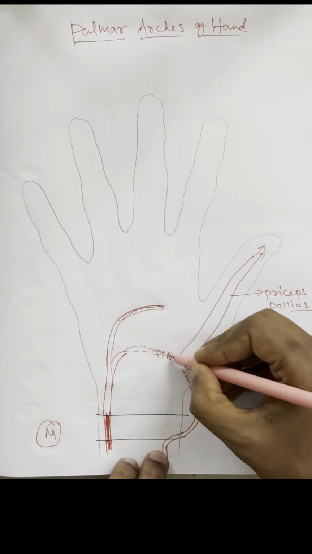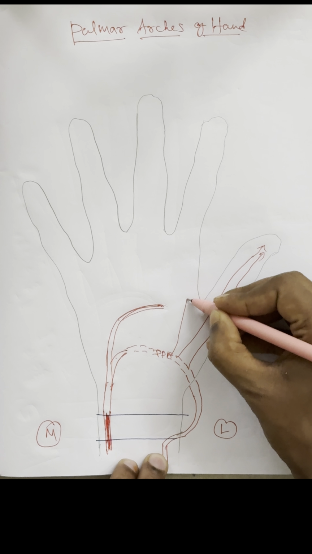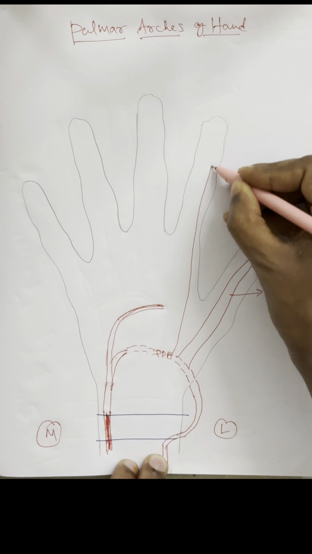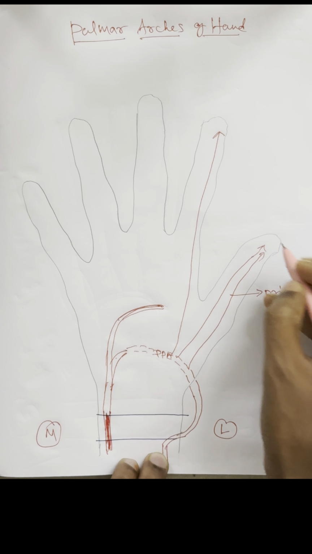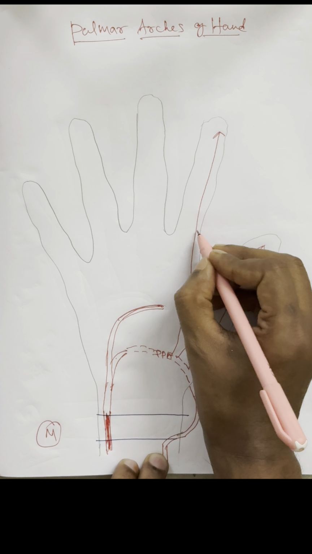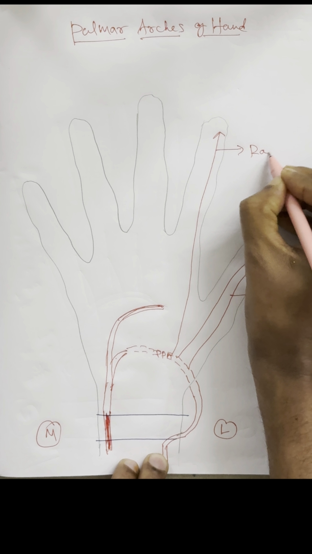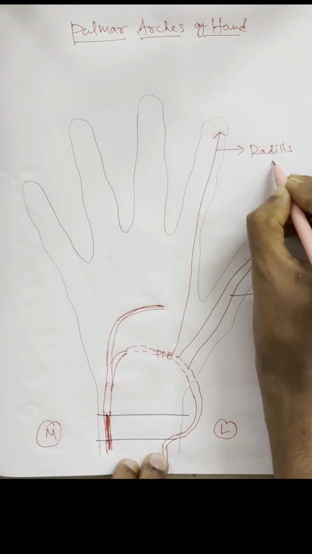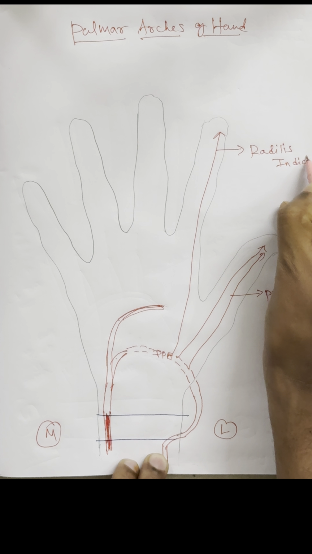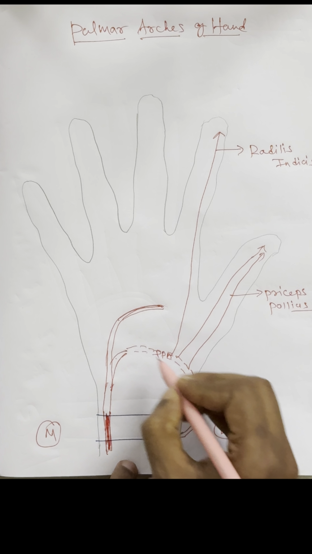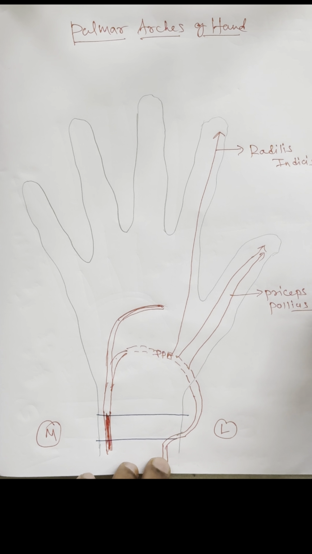Now, it also gives a branch which goes towards the lateral side of the index finger. So the name of this artery will be known as the radial side, radialis indicis, right? So this is how the deep palmar arch and its branches are there.